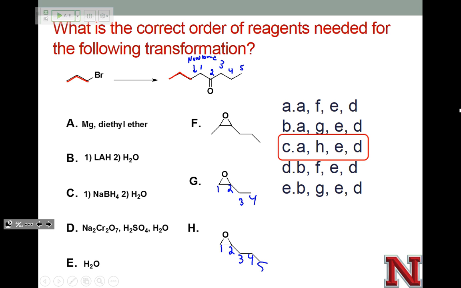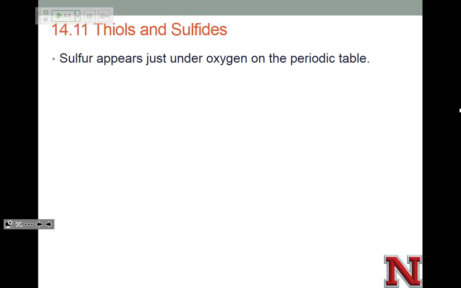So we're going to take our alkyl halide, react it with A, and then we're going to react it with H. That leaves our alcohol on carbon 2. Then if we want to oxidize it, we can, with chromic acid or PCC, because it's a secondary alcohol, so it doesn't matter. We're going to get the same thing.